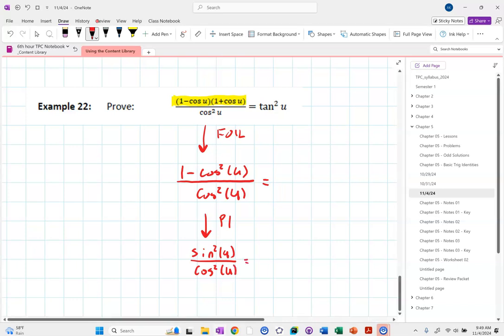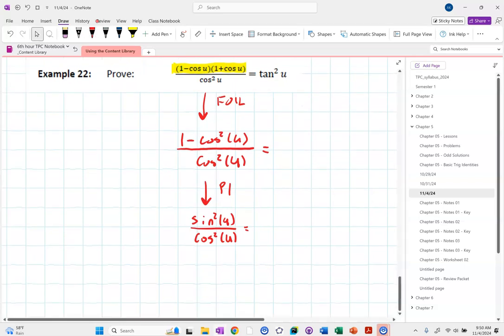Ooh. Where am I trying to get to again? Tangent squared. What do I have? Sine squared over cosine squared. That looks familiar, doesn't it? What is that?